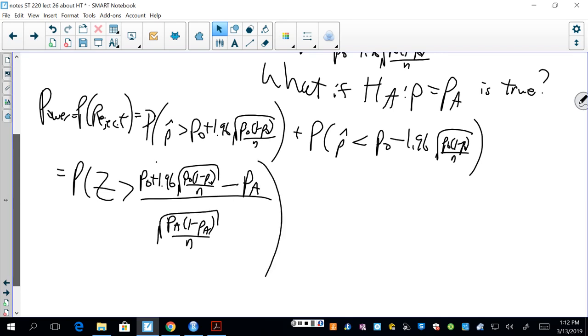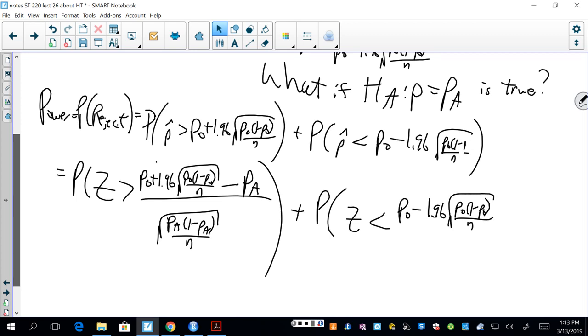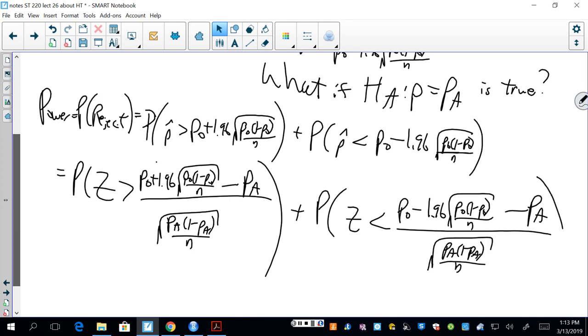That's going to give us one probability. And if we standardize this one, standardize z-score, the value we're standardizing is this. We're going to standardize that one under the alternative. Right. So subtract PA divided by the square root of PA, 1 minus PA over n. And that's going to be our power.